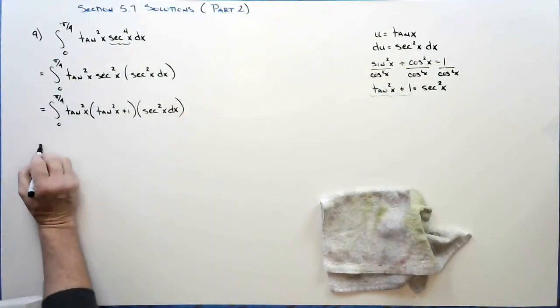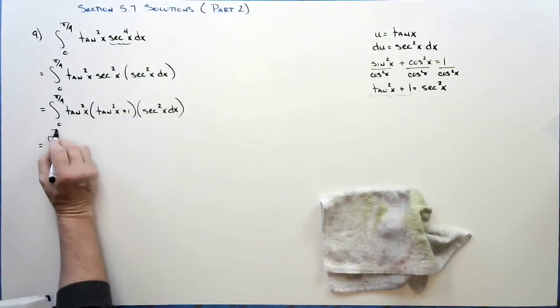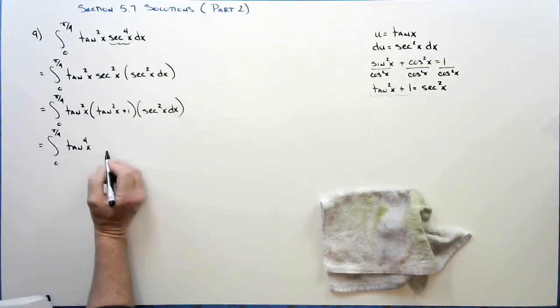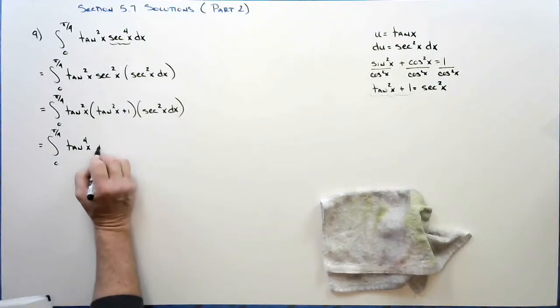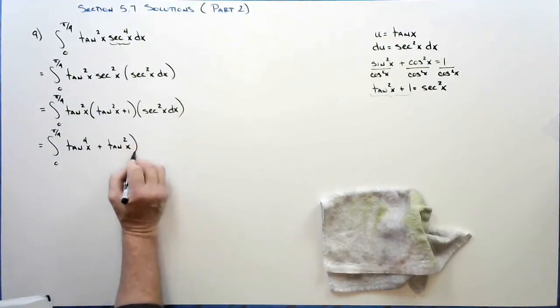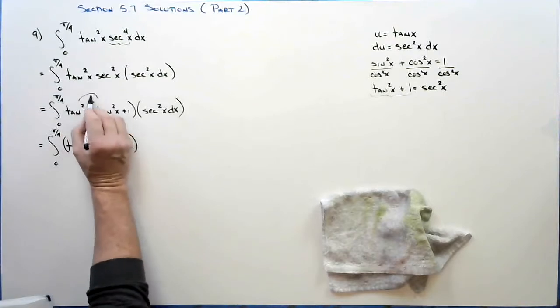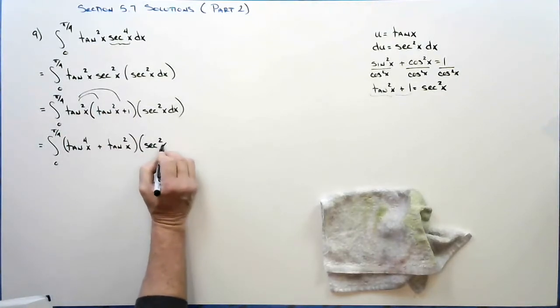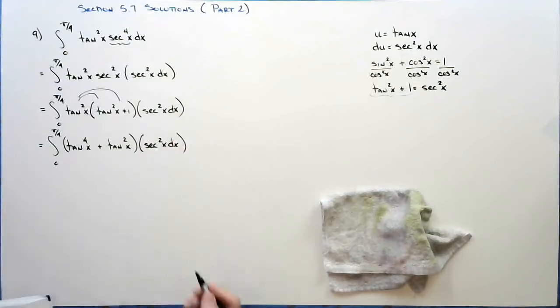Now, when we multiply this out, this is the integral from 0 to pi over 4. This is tangent to the 4th x plus tangent squared x, just distributing here. And then we have secant squared x dx. And we're ready for our u substitution.